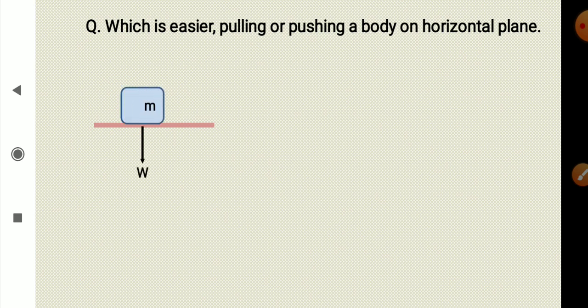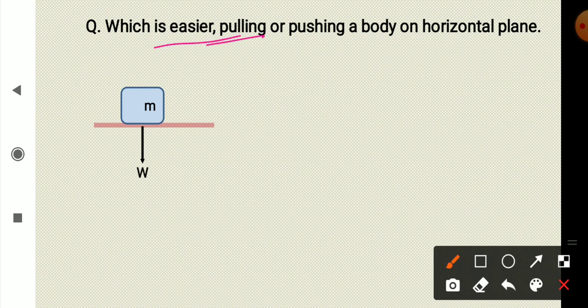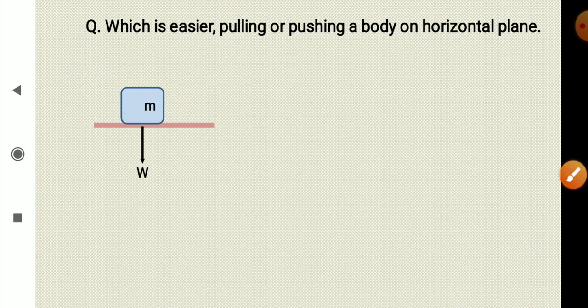Say, supposing you have a box of mass m and its weight will act downwards. You want to find out which is going to be easier, pulling or pushing. So let's see what we do.